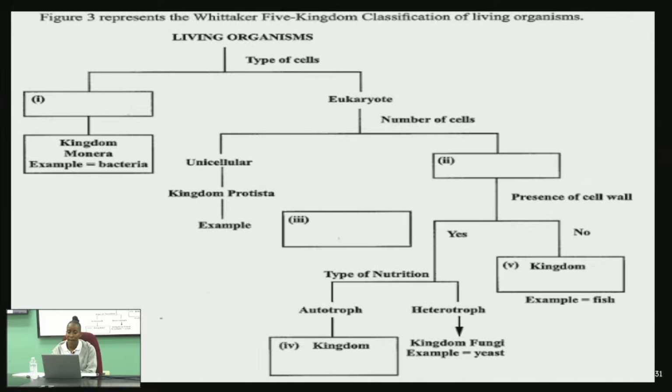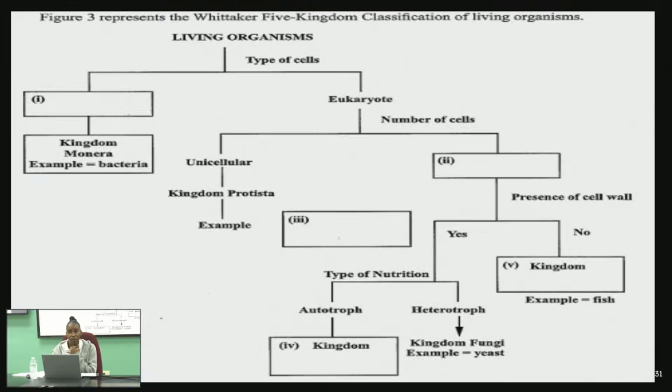Then if we go back over to what we had identified at II to be multicellular, we see presence of cell wall, yes and no. For no, which is V, it asks for the kingdom, and it gave you an example, which is fish, and we know that kingdom would have been animal or Animalia.